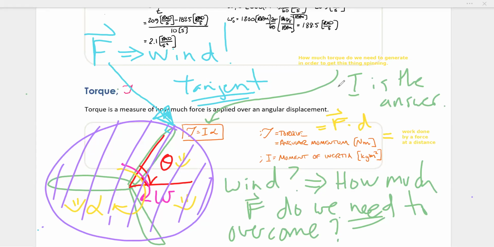So it depends on the nature of the item that you're spinning, it depends on the moment of inertia. In order to get a velocity from a force times a distance, it depends on what you're spinning. So I'm going to type in here, how heavy is it? How light?